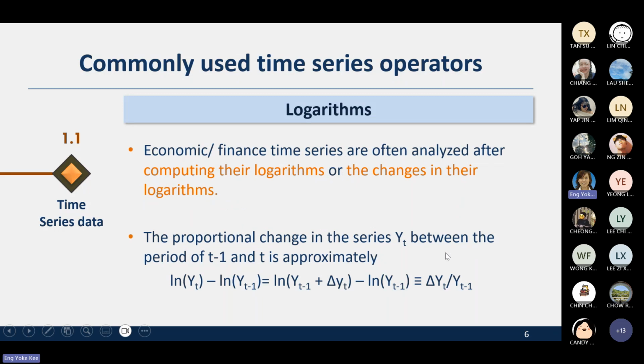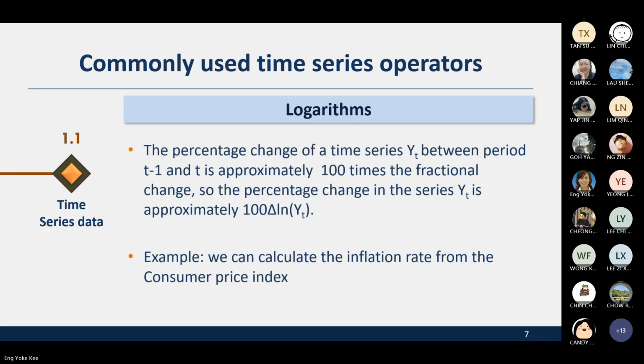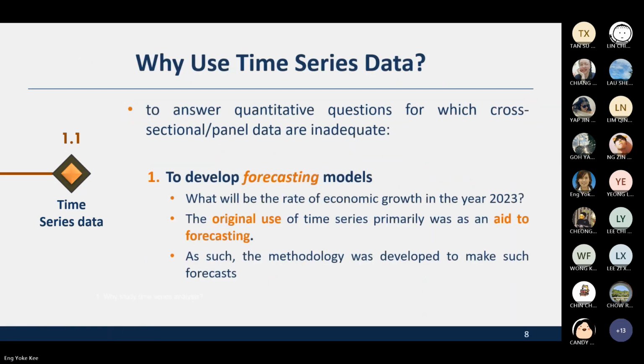Another operator that we use is log, for example, to change the data into log form. So when using first differencing, we also use log, right? In basic econometrics, you have learned the reasons we log our data. So these are the examples we discussed just now. That is some of the basic data transformation.